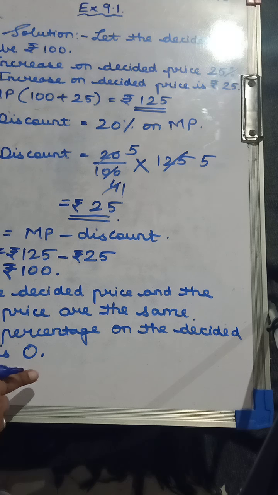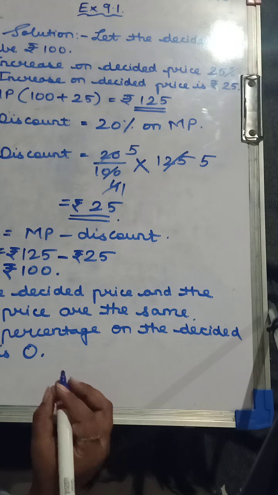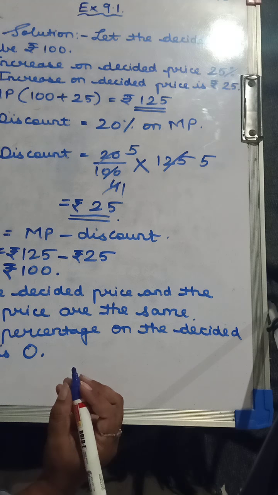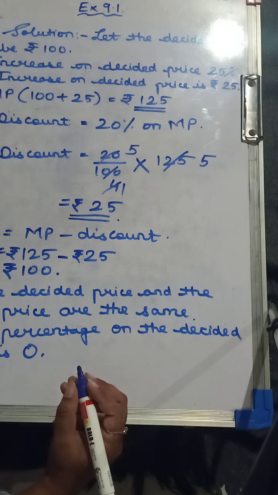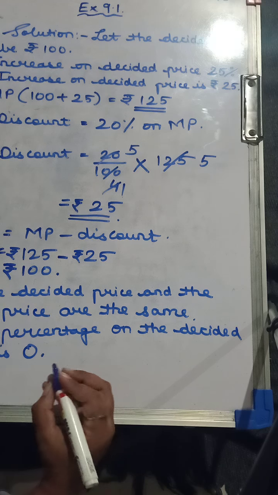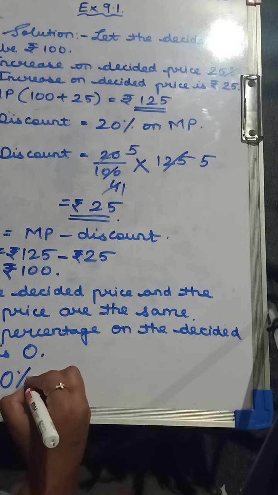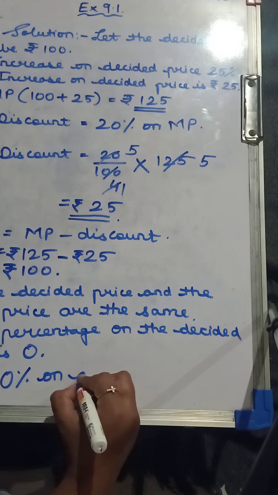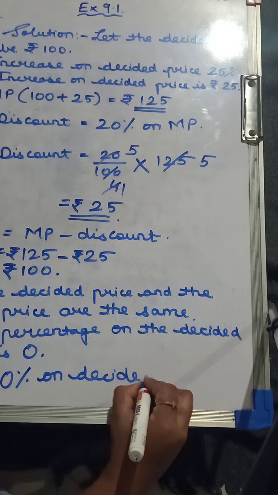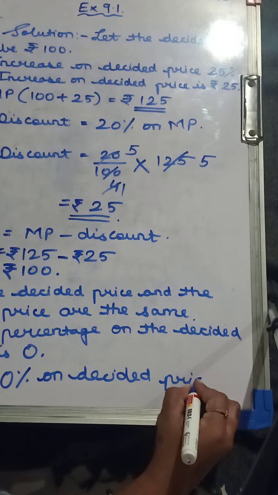So this will be your final answer, that nothing has changed. It remains the same. The question asked whether it increased or decreased, so we write here 0% on the decided price, because on the decided price nothing changed.